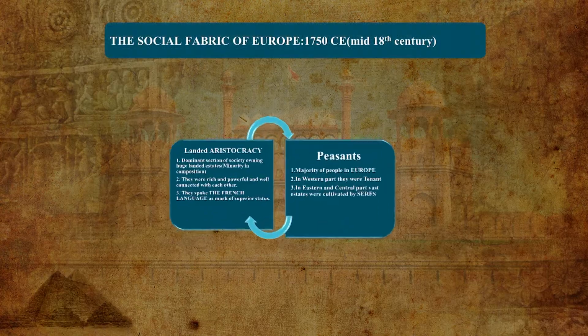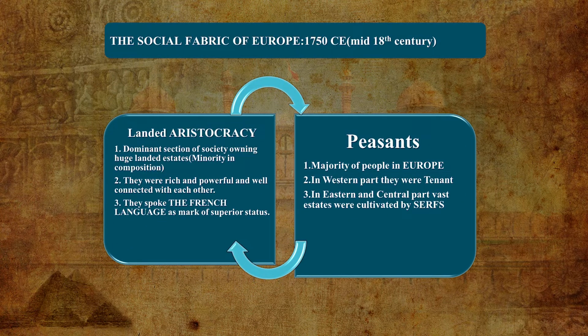Now, looking at the 18th century, especially the mid 18th century, we look at the social fabric of Europe. European society was divided into different groups. Some of the important groups were the landed aristocracy and the peasants. The landed aristocracy was a minority, but they had huge access to land resources and considered themselves a privileged and elite part of society.